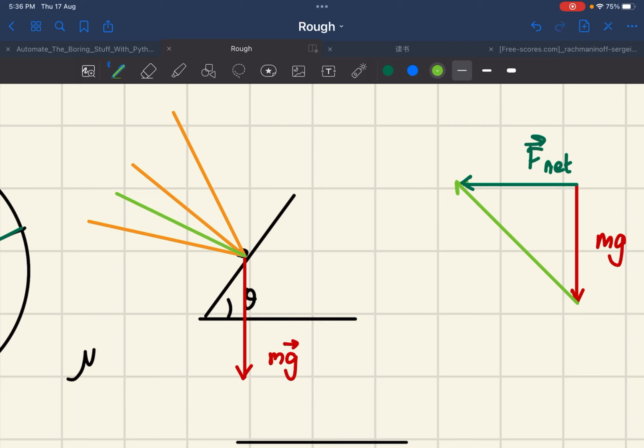We know that its vertical height or size must be mg. So there's sort of a restriction also in that sense, like it can only be, let's say, here or here or here. Those are possible vectors N plus F.